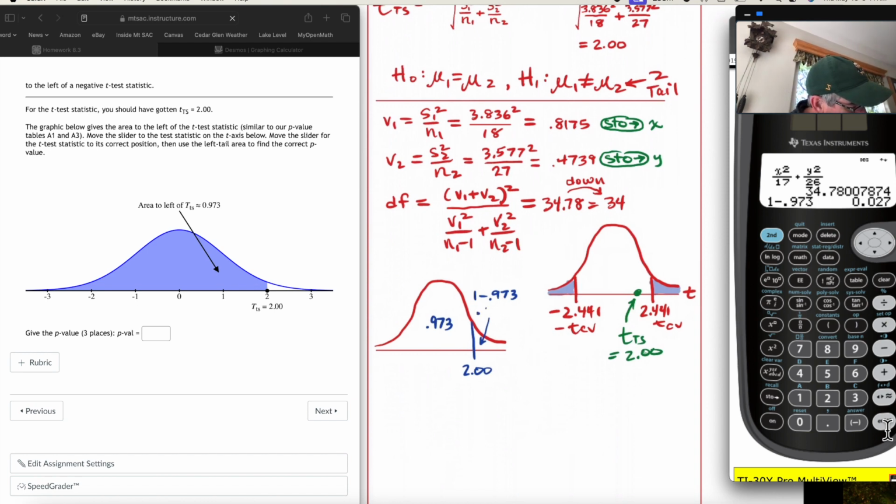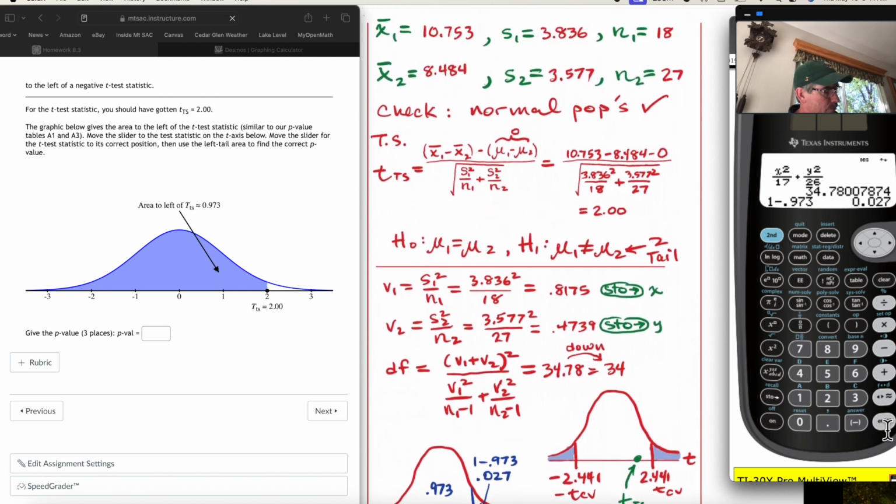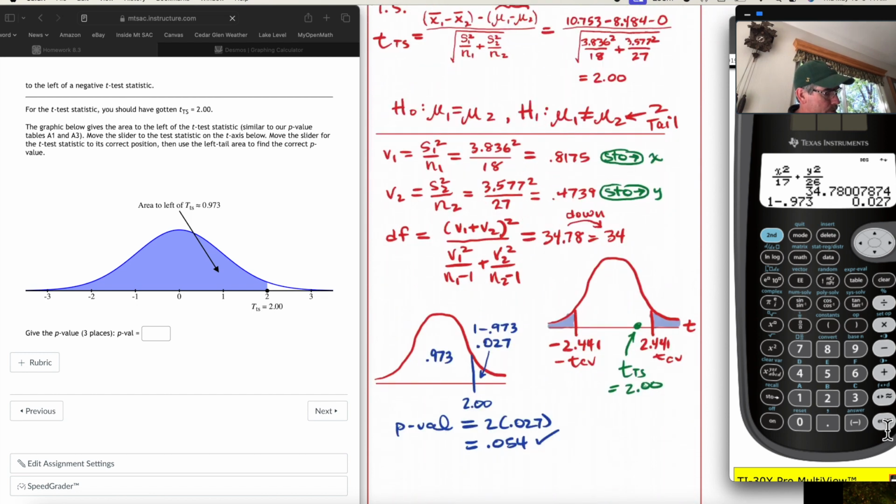But unfortunately, we have to double this. So just keep in mind, it's a two-tailed test. So the p-value is 2 times 0.027, which is going to be 0.054. Okay, so that's actually pretty big. It's bigger than our alpha value. Alpha was 0.02.